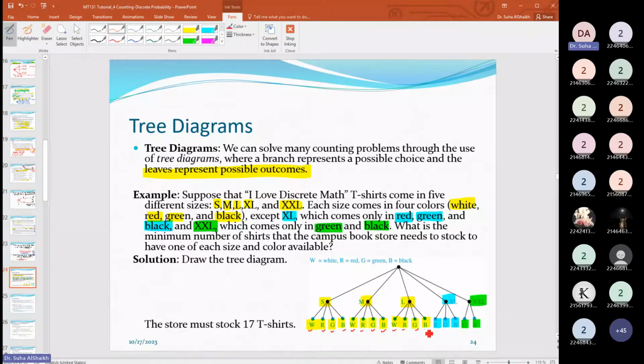So actually we need 17 t-shirts in our store to have one of each size and each color. You got it? Of course, a little while ago we used it on the example of head and tail, and before that for the 1 and 0, to have the tree do the calculation and know how many outcomes we have, and so on. Okay?